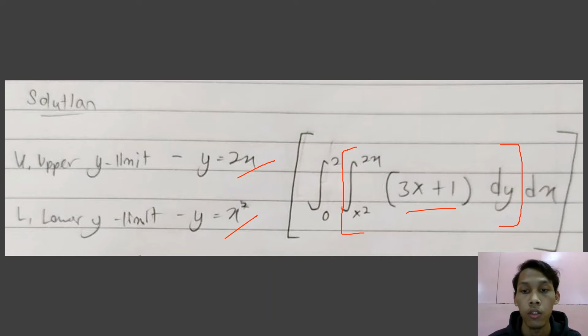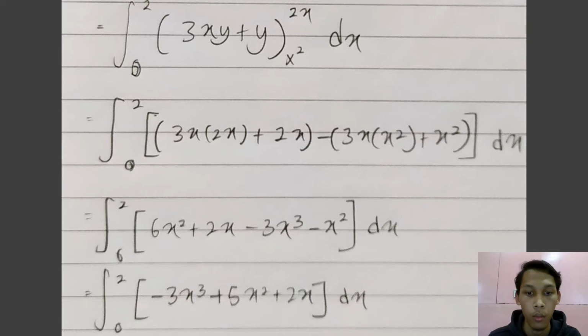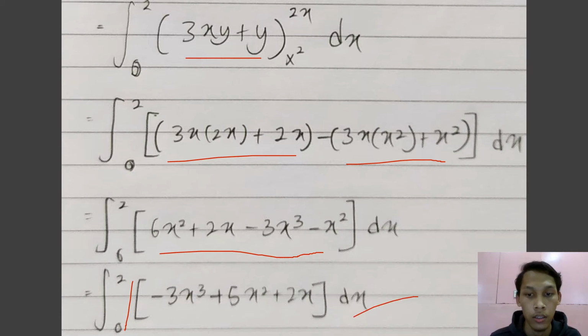First we integrate 3x plus 1 with dy, and then we get 3xy plus y, evaluated from x squared to 2x, with dx.